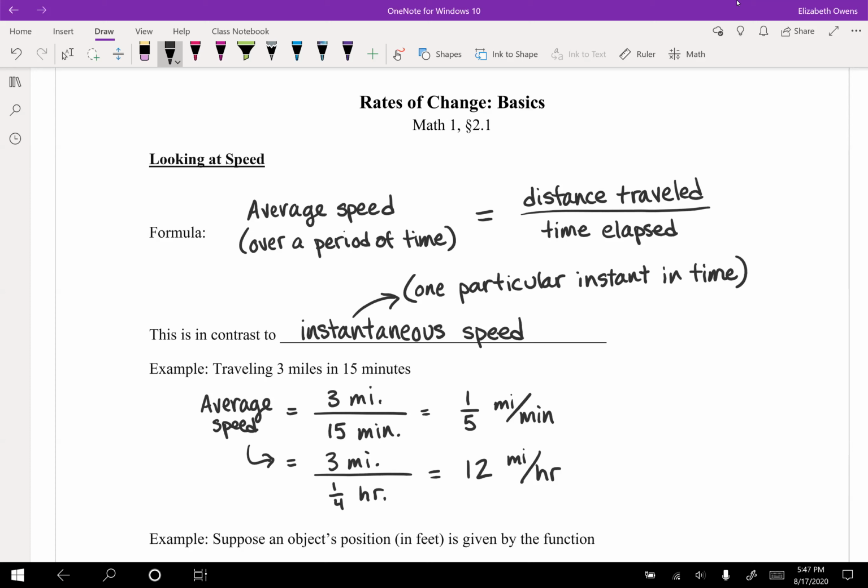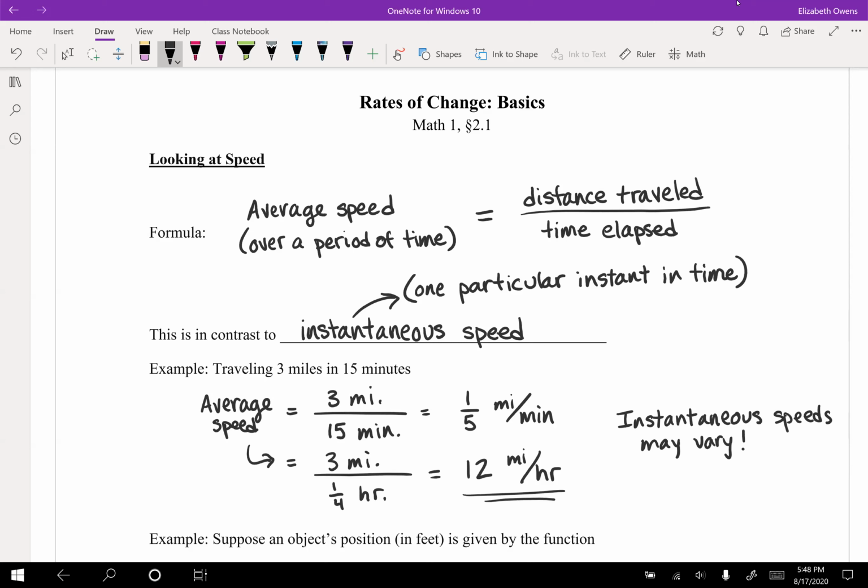So chances are that, even though this is your average speed, at each instant in time, you probably weren't always going 12 miles per hour. So keep in mind that there is a big difference between your average speed and whatever your instantaneous speed may have been, because your instantaneous speeds may vary quite a bit.